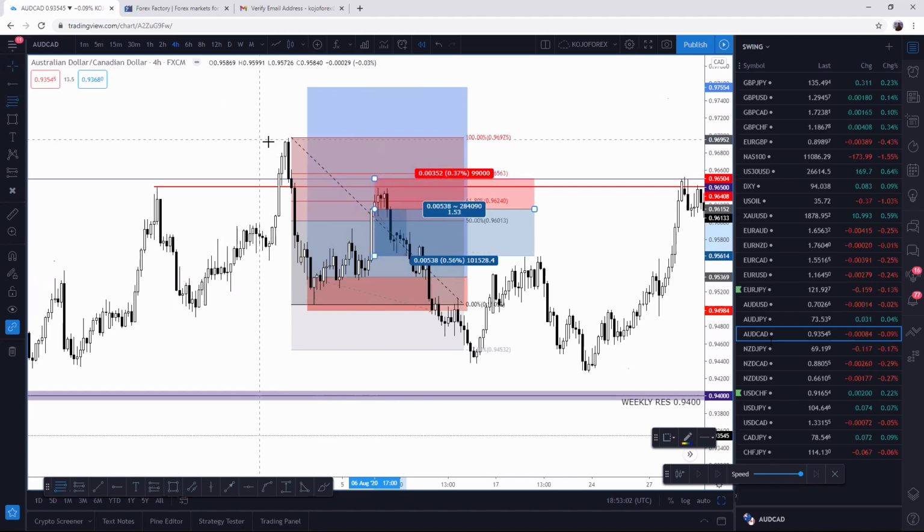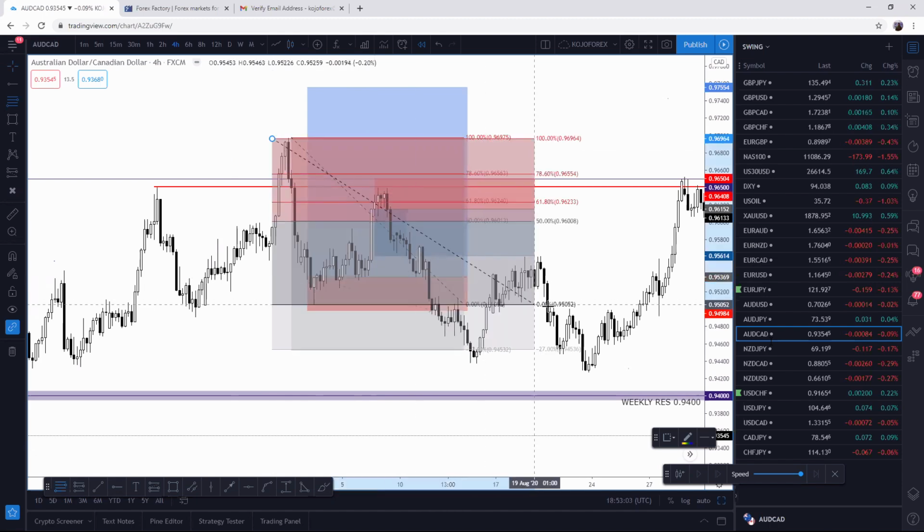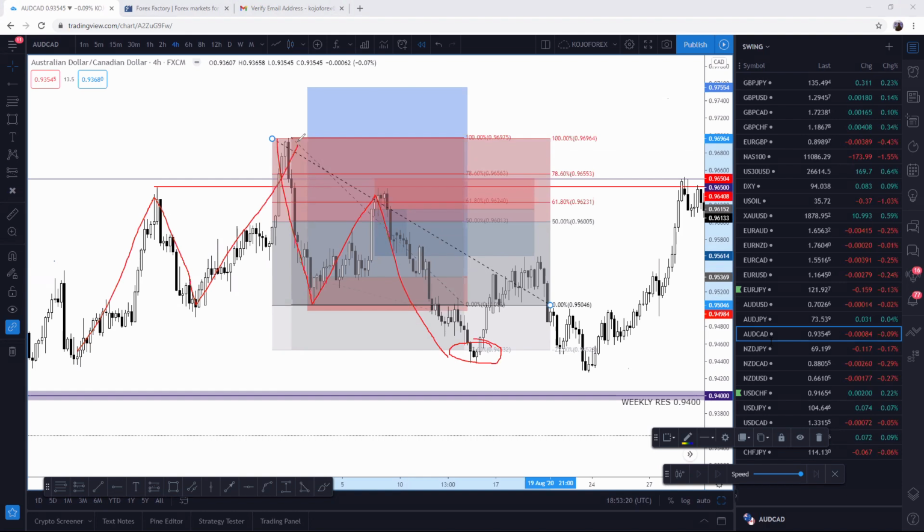where is the fib extension going to be? Can you see the fib extension level here? Because this is the retracement, a push down, retracement, fib extension. Unlike this one, it was a push up, retracement, and then the fib extension was here.